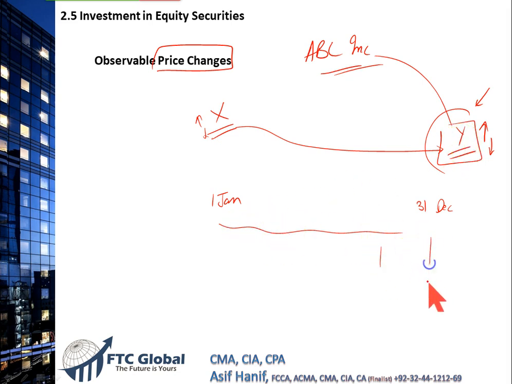Just on the balance sheet date or just a few days before that. Let me write: a few days before the balance sheet date or on the balance sheet date.